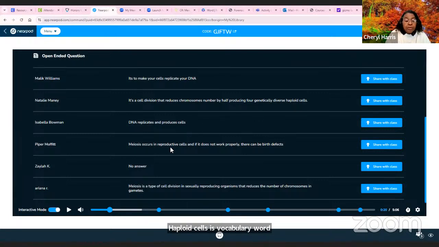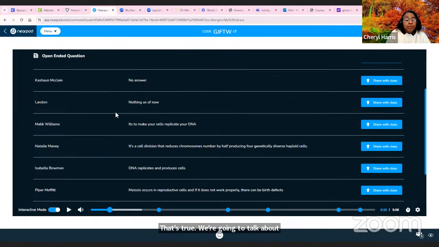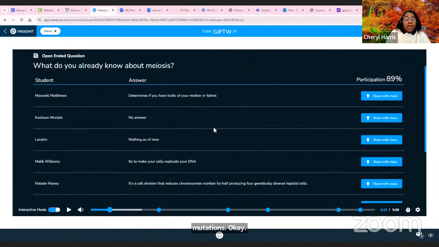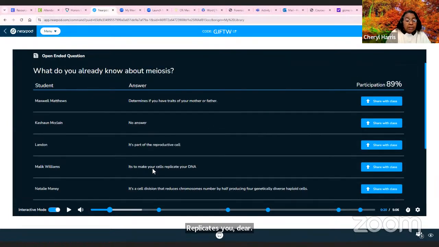Mitosis, if it does not work, there's birth defects. That's true. We're going to talk about mutations. Okay, replicates your DNA. Not exactly. It makes sure it's part of reproduction in the cell.